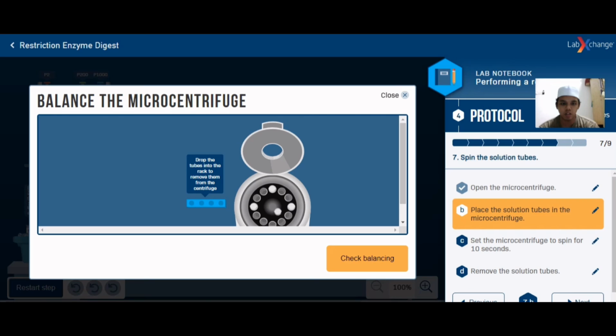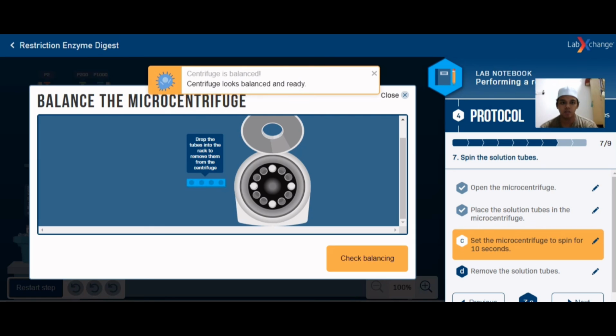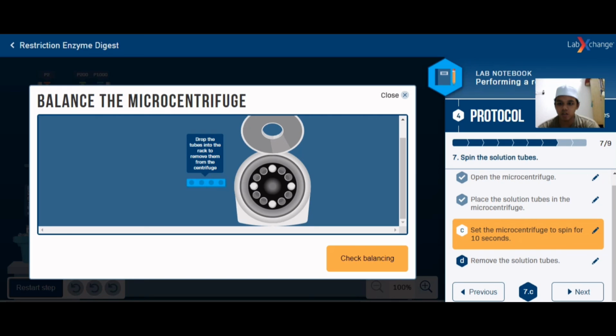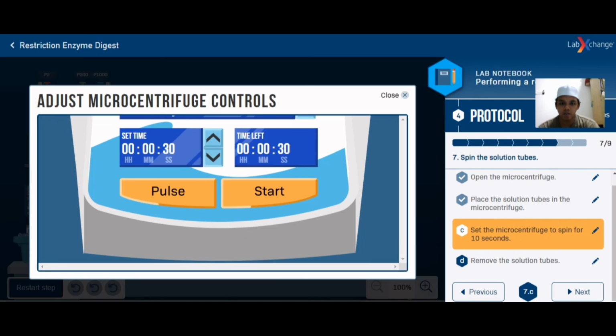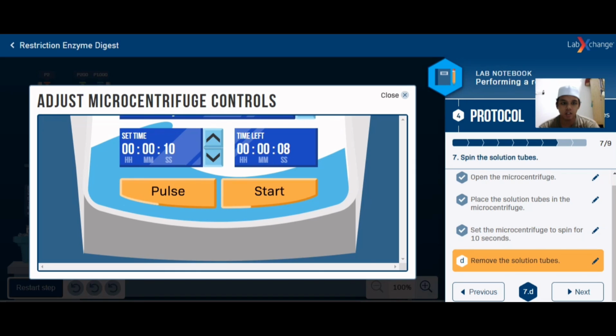Need to make the microcentrifuge balanced. Check balancing. The centrifuge looks balanced and ready. Set the microcentrifuge to spin for 10 seconds. Push the centrifuge and start. Next, we need to remove the solution tubes.